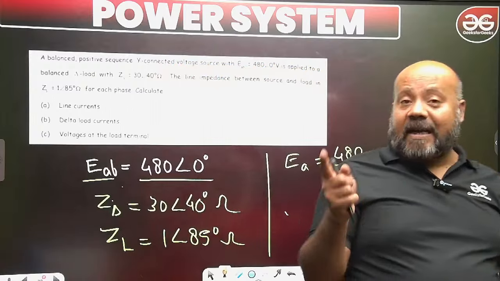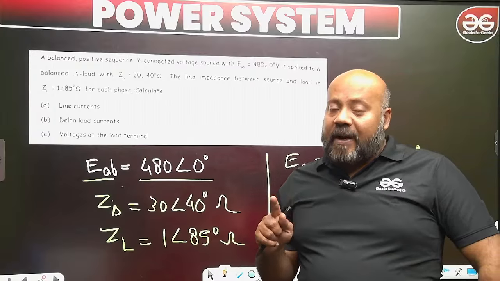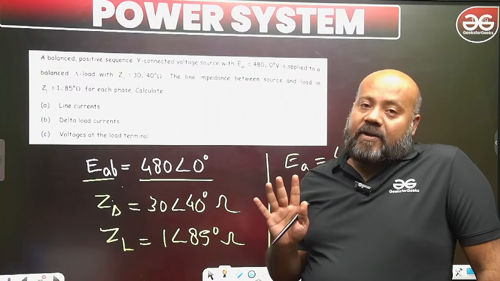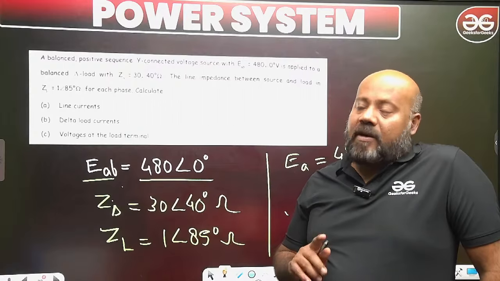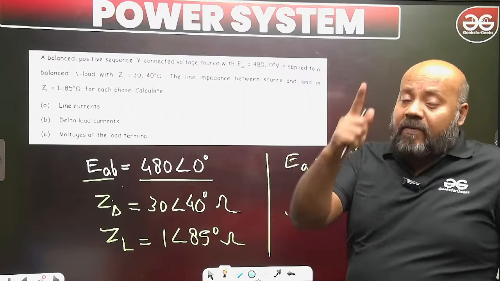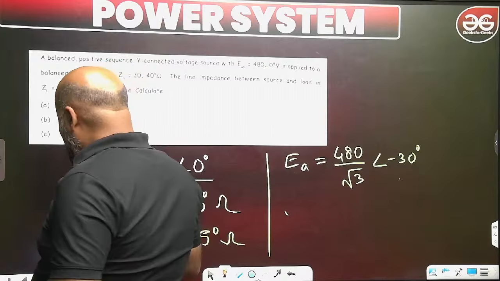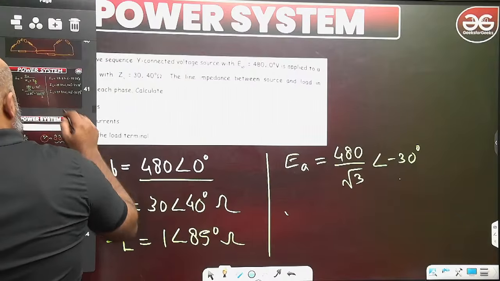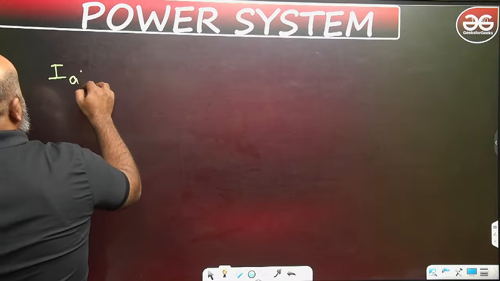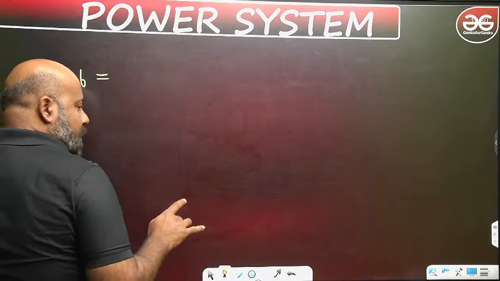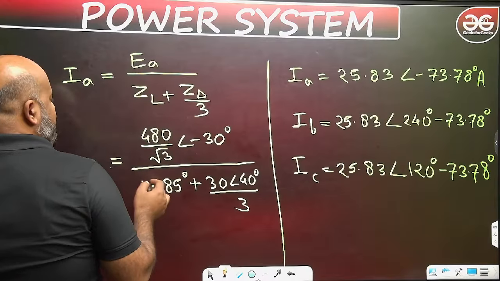You have converted delta into star. But for finding the delta currents, delta load currents, you don't need to do any transformation. From these line currents itself, you can directly write. How you can write? So you have the line currents. If you want to write the phase current is going to be line current. What is line current?